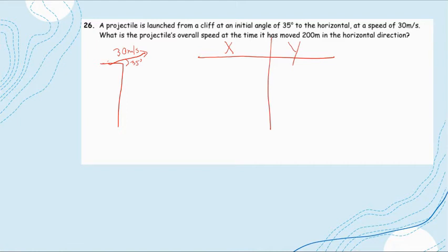And so in this case, my v initial x is equal to my v final x, which is 30 cosine 35. Okay, so that is equivalent to 24.6 meters per second.